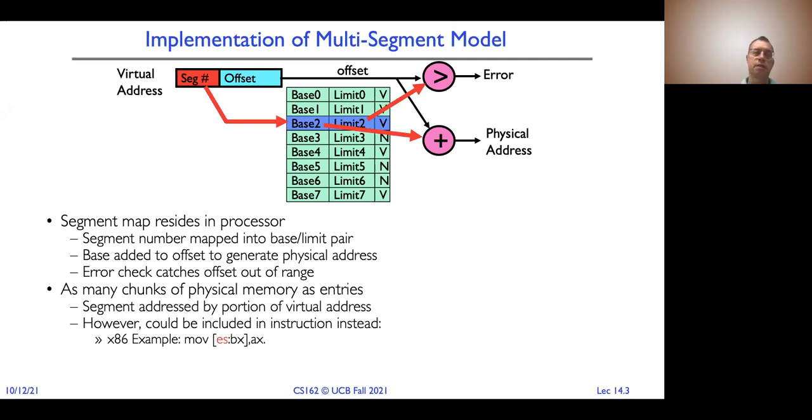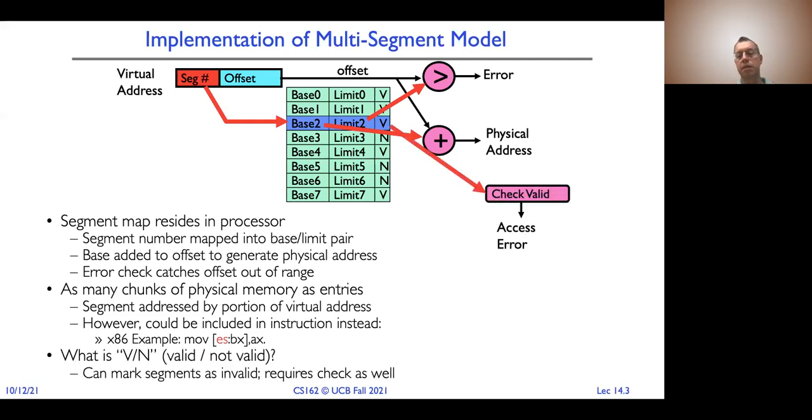Initially you have 4 segments, and these segment bases are stored in special registers like ES. S is for the stack, and 3 other registers. Then you compute the address by taking the virtual address and adding it to the segment register. And that's how you compute the physical address.